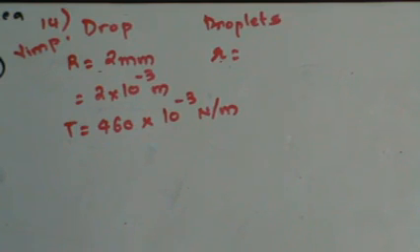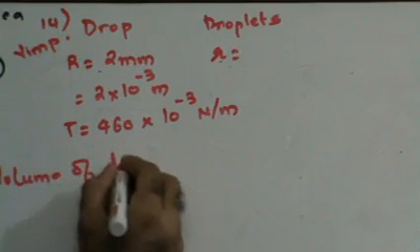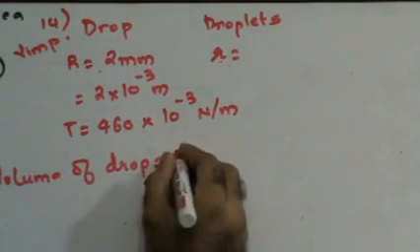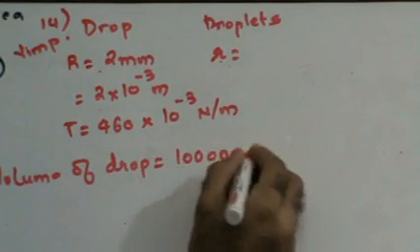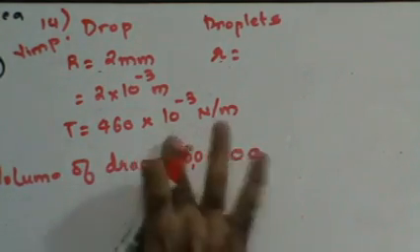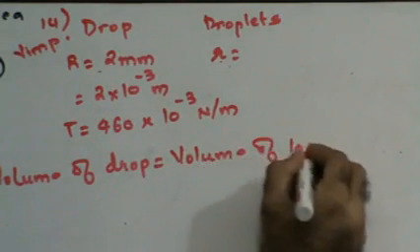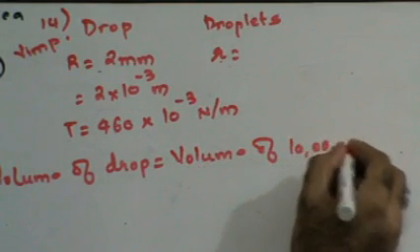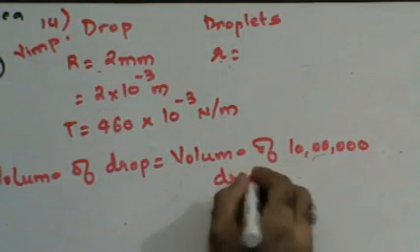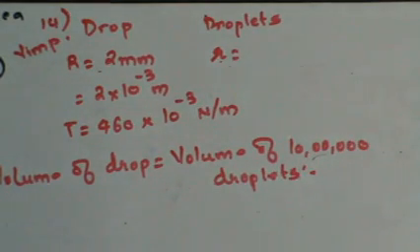Therefore, I can say that volume of drop should be equal to volume of 10 lakh droplets. 1 million is 10 lakh. Right? Drop of mercury is in the form of sphere. Volume of sphere is 4 by 3 pi r cube.